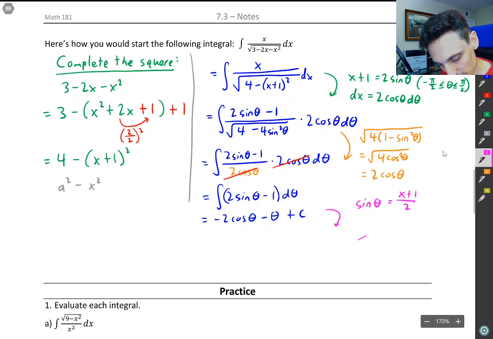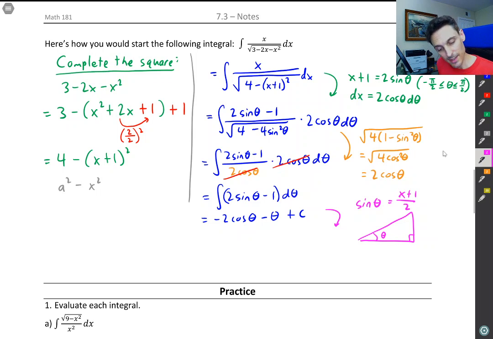Make our little triangle. So sine is going to be opposite, so the x plus 1 is opposite, the 2 is hypotenuse, and the other side is, by the Pythagorean theorem, the square root of 2 squared minus x plus 1 quantity squared, which would give you 4 minus x plus 1 quantity squared.